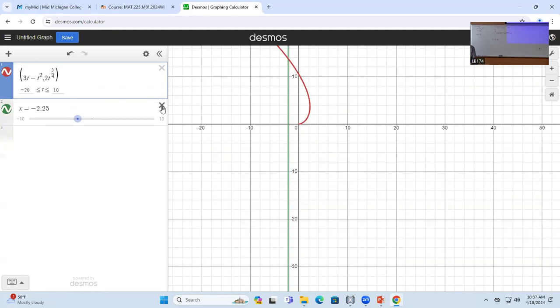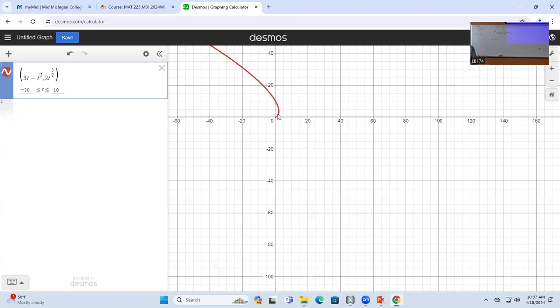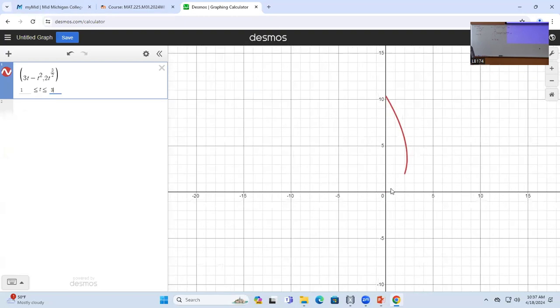That gives you this kind of a weird looking curve, right? It's a little curl, and then it goes off in that direction. And if we go from t of 1 to a t of 3, we get that part of the curve.